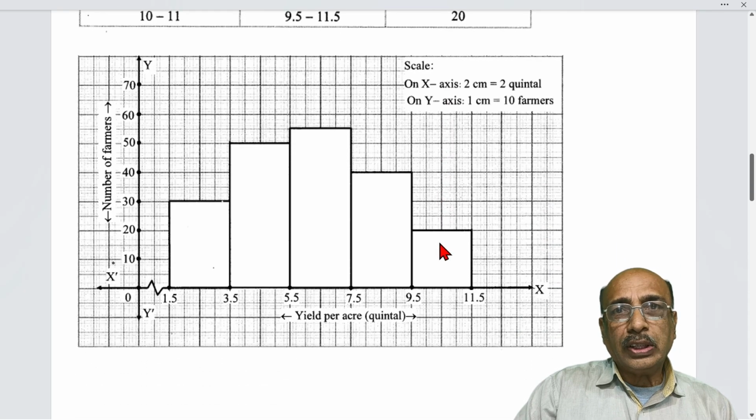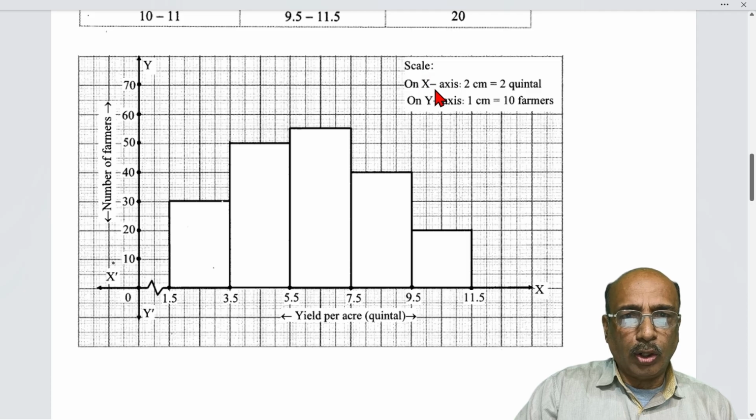Now we have to draw the histogram. Scale on the x-axis is 2 centimeter equals 2 quintals. Here is 0, so again a crick mark is placed, and then 1.5 to 3.5, 3.5 to 5.5, 5.5 to 7.5, 7.5 to 9.5, 9.5 to 11.5 classes are taken on the x-axis. That is nothing but yield per acre in quintals. On the y-axis, 1 centimeter equals 10 farmers.